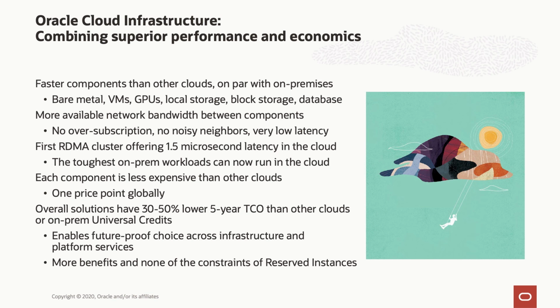We combine this with great economics. Overall, our solutions have 30 to 50% lower 5-year total cost of ownership than other cloud providers or on-premises environments. We also have easy to use universal credits that get you access to any service across the platform.